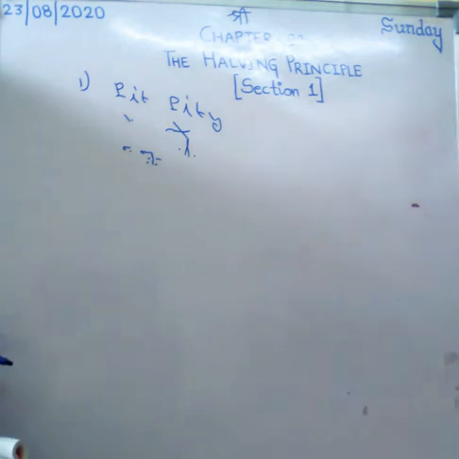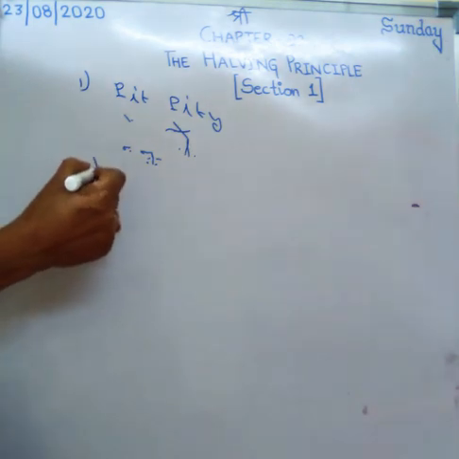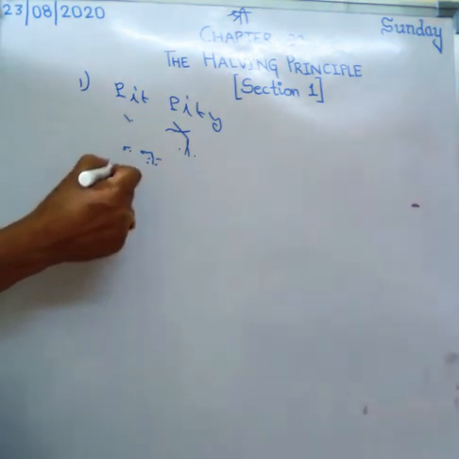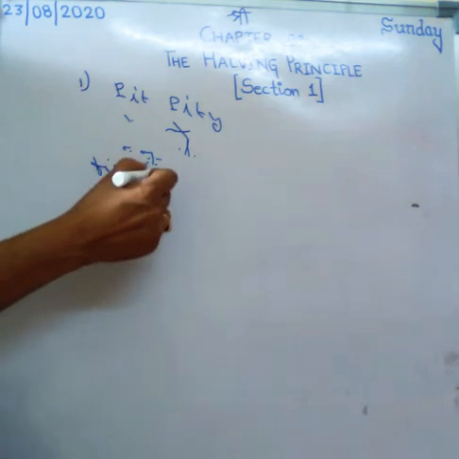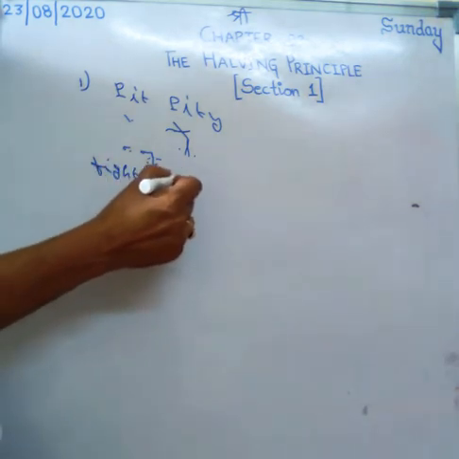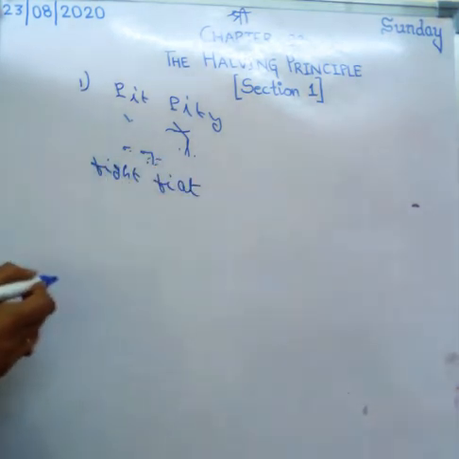The second one, when we do not employ Halving principle is when a triphone immediately precedes T or D. If a triphone comes before T or D, we should not employ Halving principle. Triphone means the union of three vowel sounds. You compare these two words. F-I-G-H-T, fight. F-I-A-T, fiat.